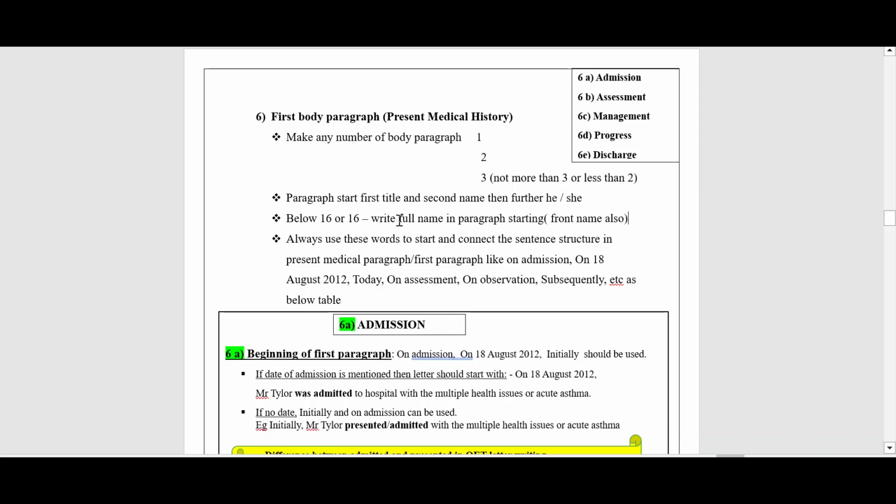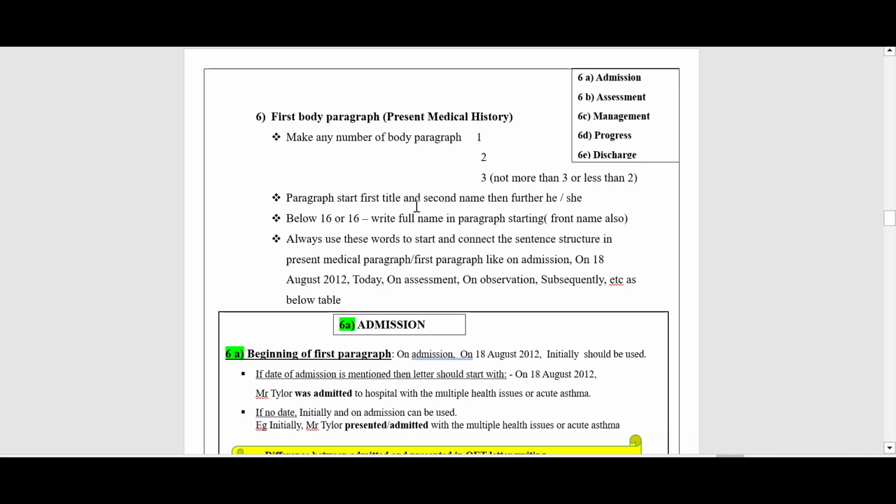But if you are writing the full name here, then you have to continue with the full name in the second paragraph also, till the end of the letter, like the date. If you are writing only the front name, then you can write the front name from this admission till the end of the letter, like the date. So only for 16 or below 16, not more than that.